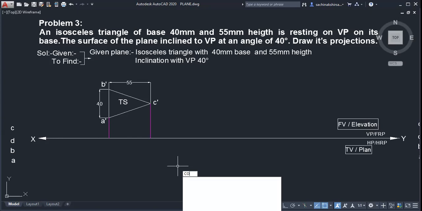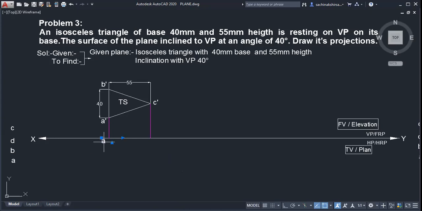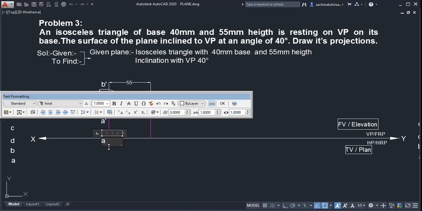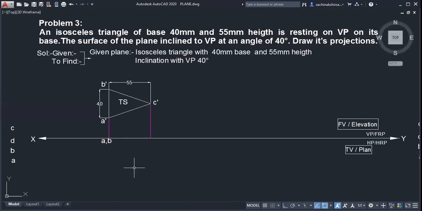A dash, B dash. Now dash will not be there, that will be top view now, which will come on XY. So AB point will be there here. And here there will be point C.